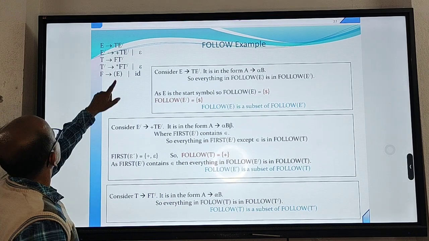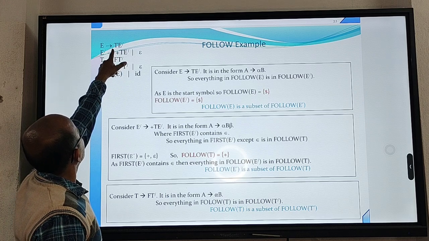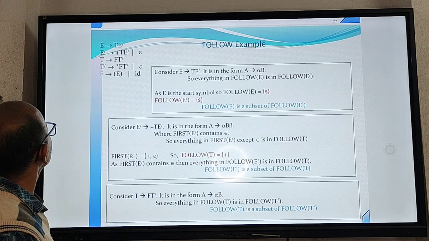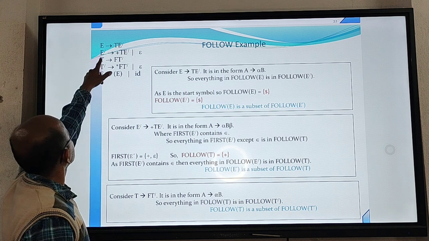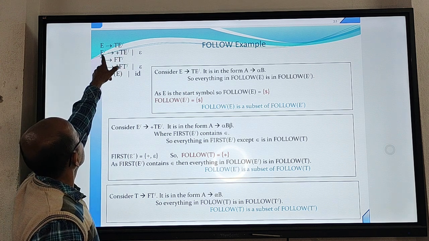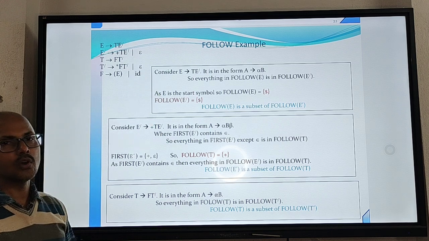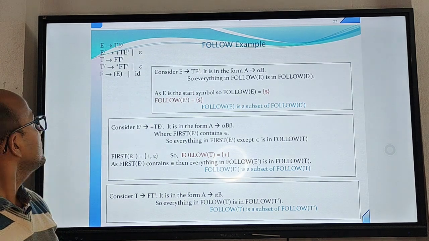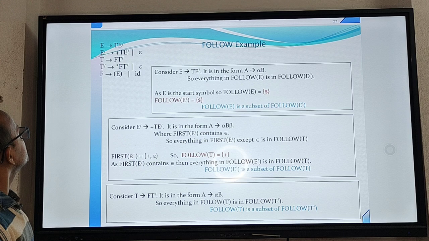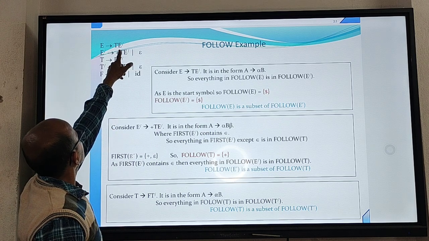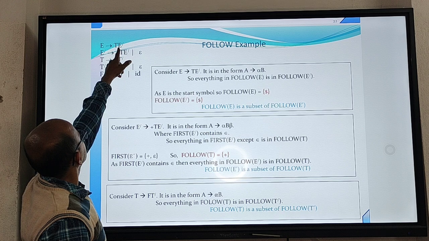Follow of T, so we can see in the right hand side of T the E prime, so first of E prime. Let us calculate the first of E prime. We know that first of E prime is the plus and epsilon, but while calculating the follow of one symbol, the epsilon will not be taken into consideration. So if we replace the epsilon here, the right hand side vanishes.